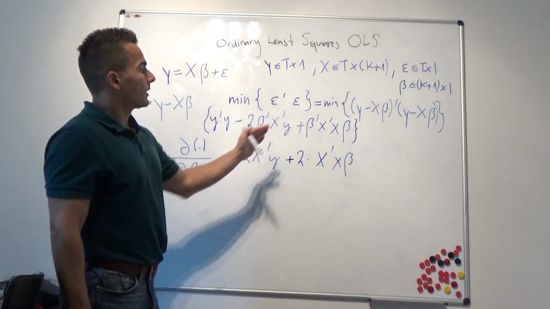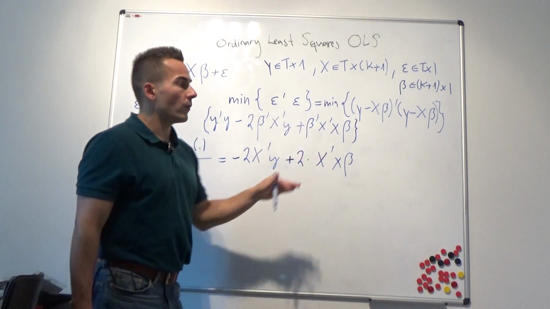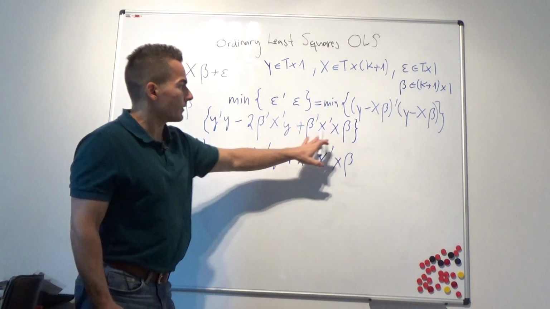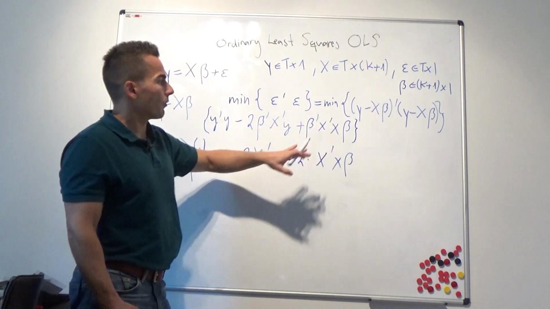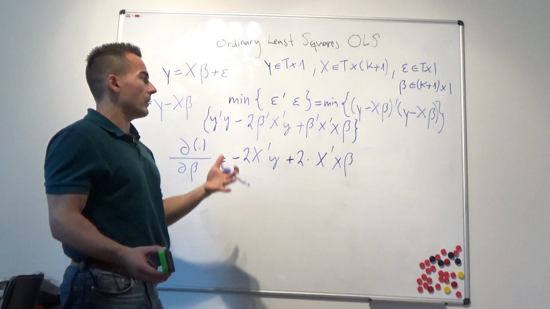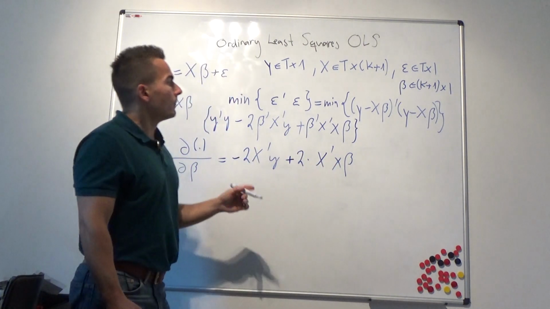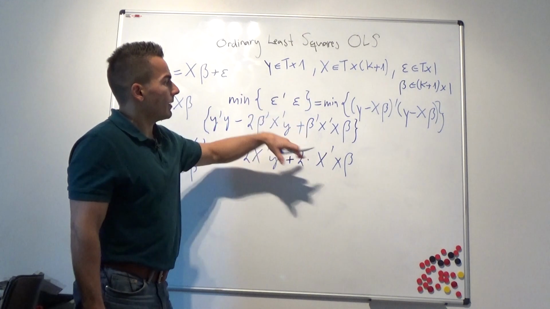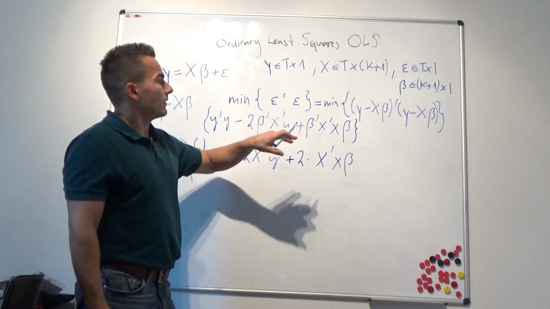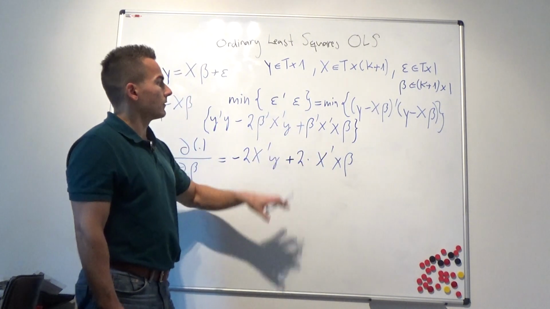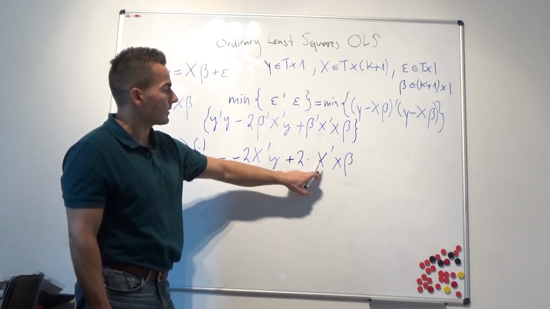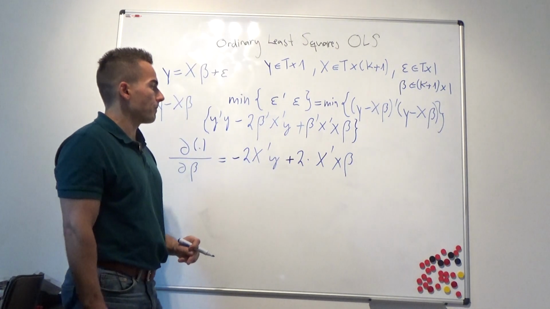You can take this as homework: for capital T observations, take any T, let's say 5, create these matrices and take the derivative with respect to beta. What comes out is 2 times X transposed X times beta.